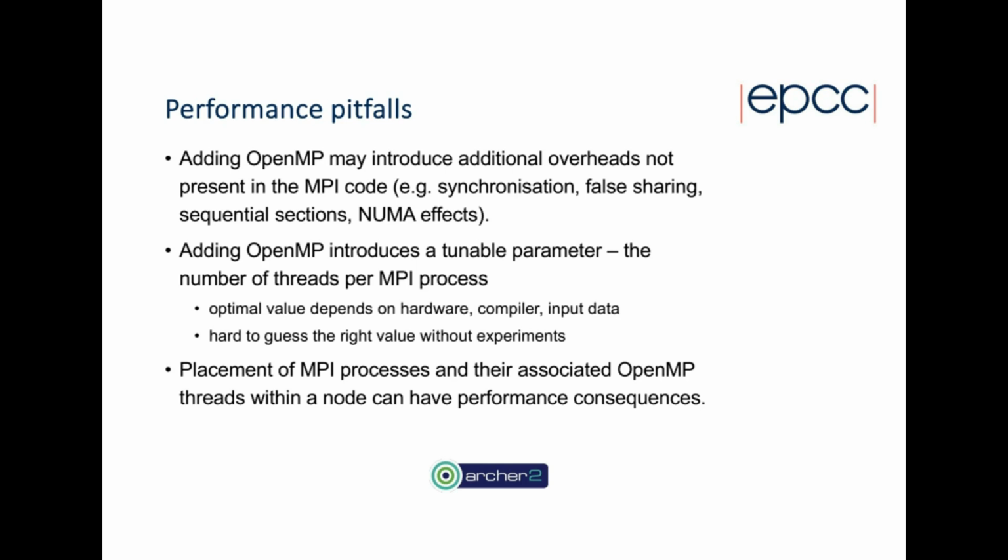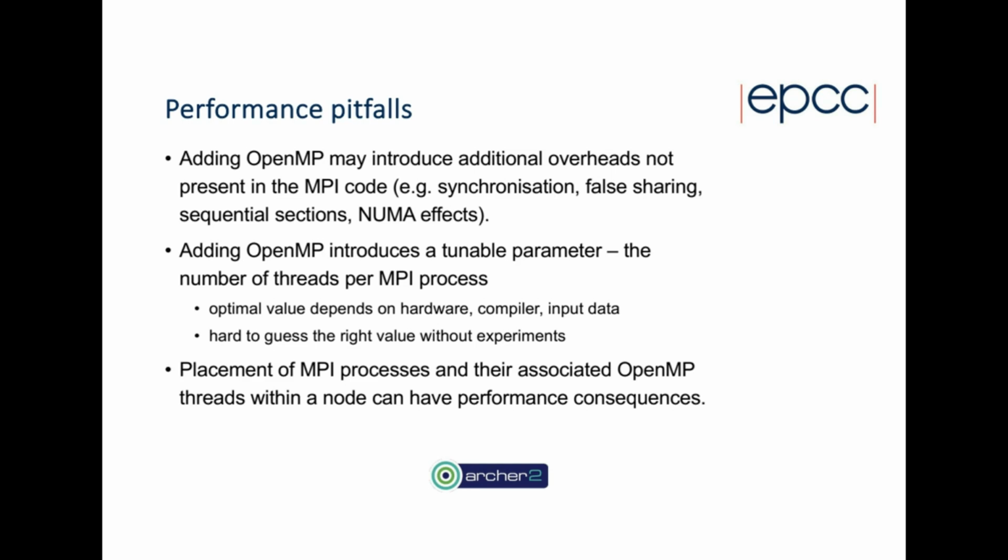So adding OpenMP also introduces another tunable parameter. So you now have to choose, when you run the code, what the balance is between MPI processes and OpenMP threads. So you have to choose how many threads per MPI process you're going to run.